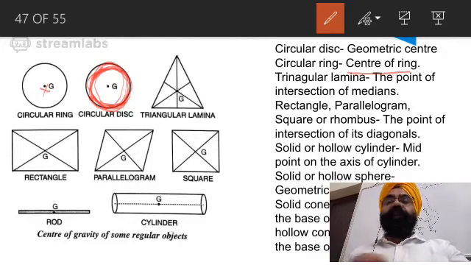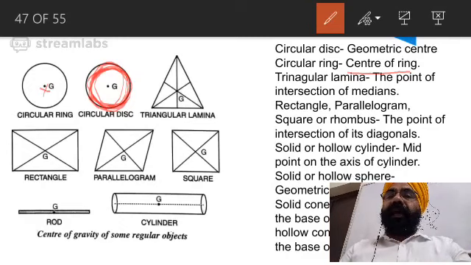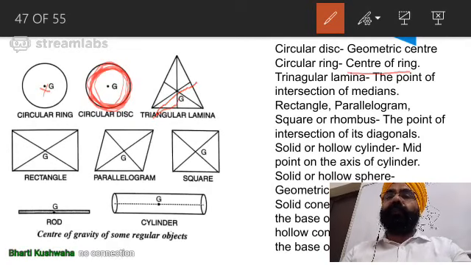Next we continue to triangular lamina. In case of a triangular lamina, where will its weight act? Its center of gravity will be at the point of intersection of medians. Now what are medians? Medians are lines which are drawn from a vertex and they bisect the opposite side.